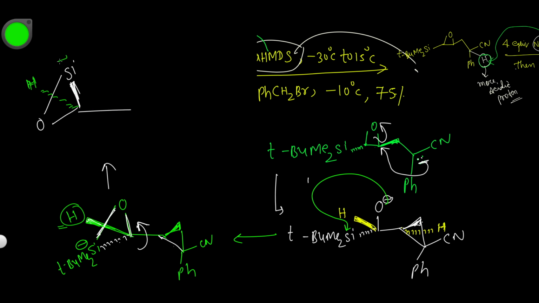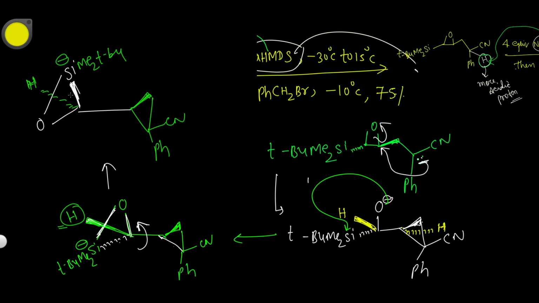And now silicon has a negative charge, and here Me2, and here is a tBu, and we keep the same thing here: CN, here we have Ph, right? So now the anti-periplanar elimination will occur. And how does it occur? Let me show you. Because the silicon gets a negative charge here, to make it more stable we have to break the bond.